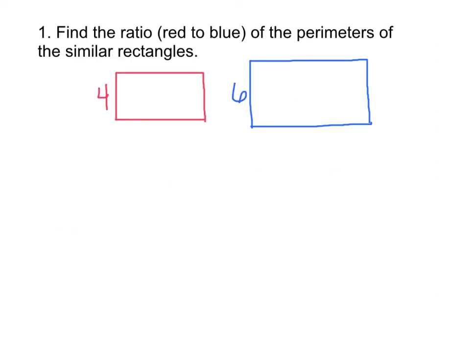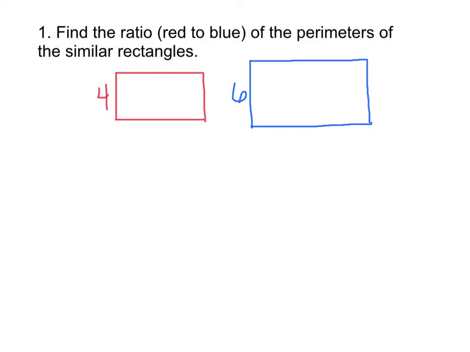Here is example 1. I want you to draw two different sized rectangles. Now we know that these rectangles are similar. I want you to find the ratio, red to blue, of the perimeters of these similar rectangles. So the first thing you do is take any two corresponding sides and write them as a ratio.